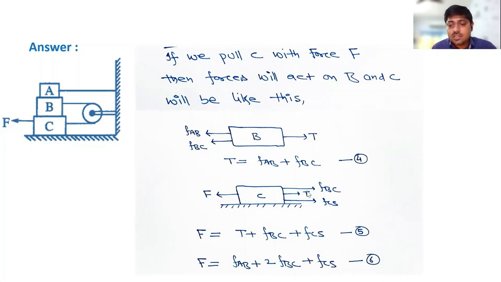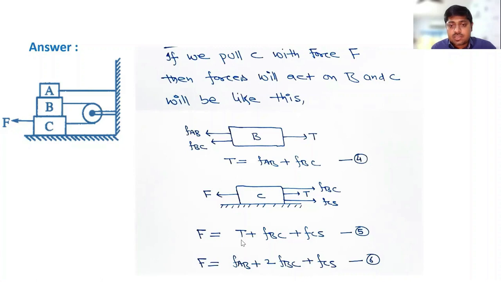And this T is because of the string connected there, so tension in the string. So we can say from this diagram that F will be equal to T plus FBC plus FCS. Say this is our relation 5, and this is our relation 4.